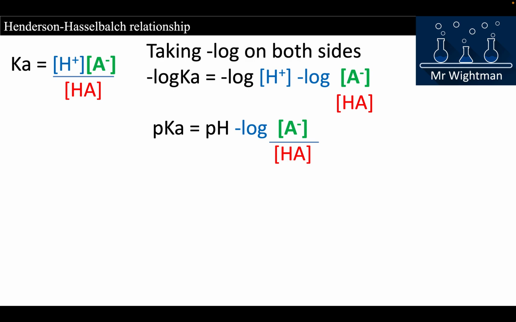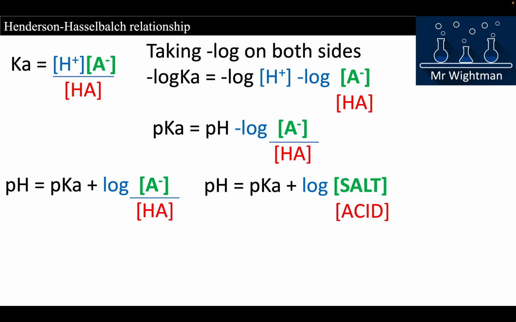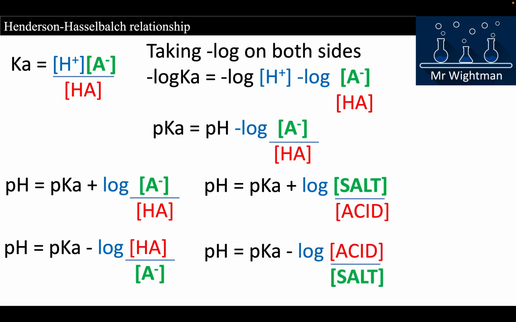And so we end up with that relationship, which we call the Henderson-Hasselbalch equation after we make pH the subject. If we add log A minus over HA to both sides, we then get pH on its own. Or we could appreciate that A minus is the salt and HA is the acid in question, so you might see that said as well. Or it can be flipped, where the acid is on top and salt is on the bottom.